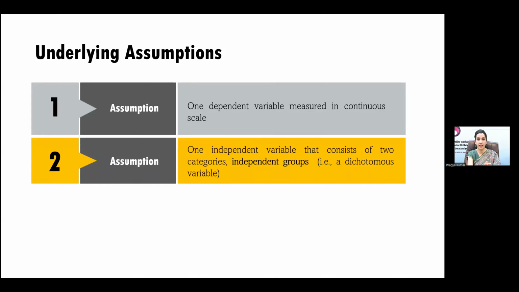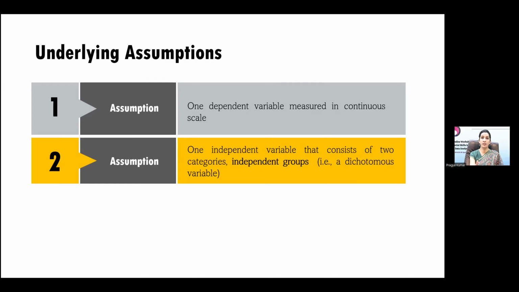And the second assumption is that there should be one independent variable having two categories. The independent groups can be gender, it can be poor quality or good quality sleep, it can be surgical technique 1, surgical technique 2, or it can be history of cardiovascular disease or without history of cardiovascular disease.